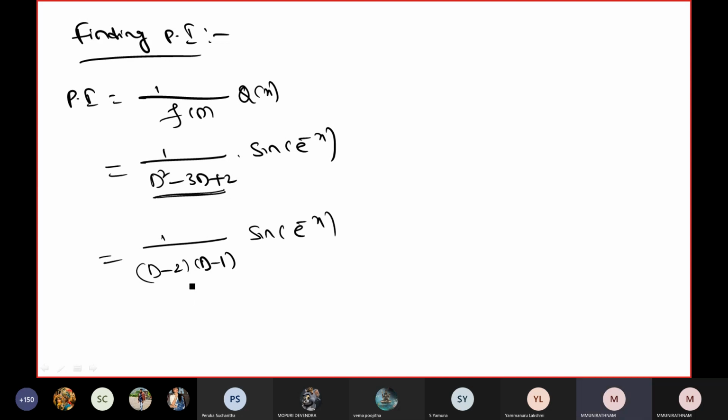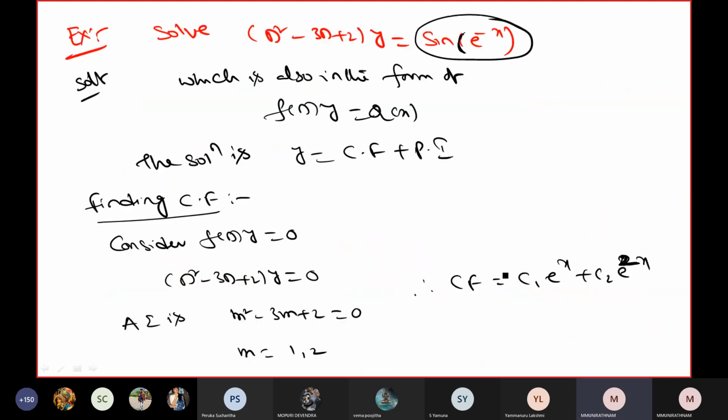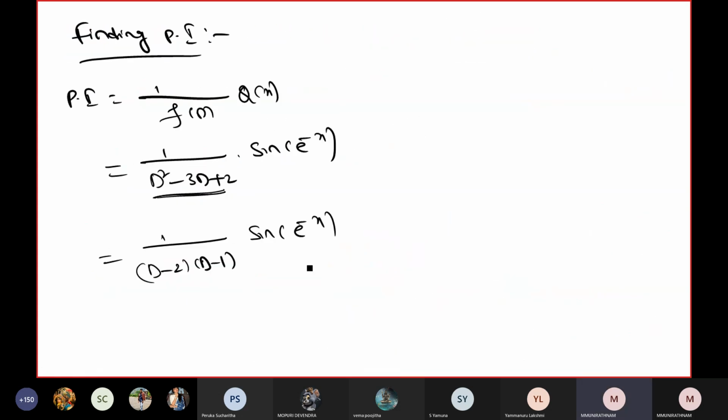Now I have to express this using partial fractions, then we'll apply the same formula. So 1/((D − 2)(D − 1)) = A/(D − 2) + B/(D − 1).